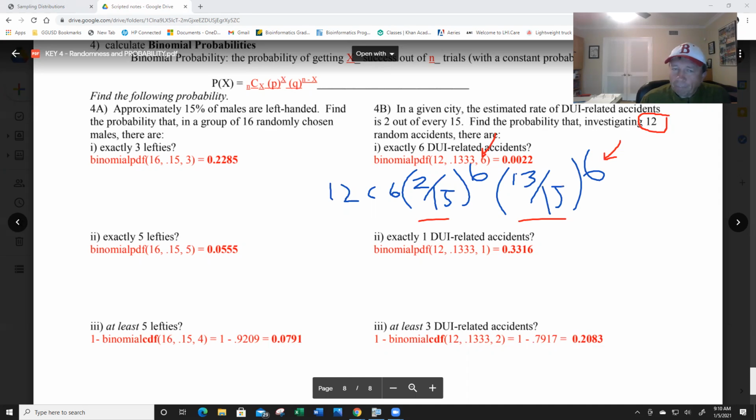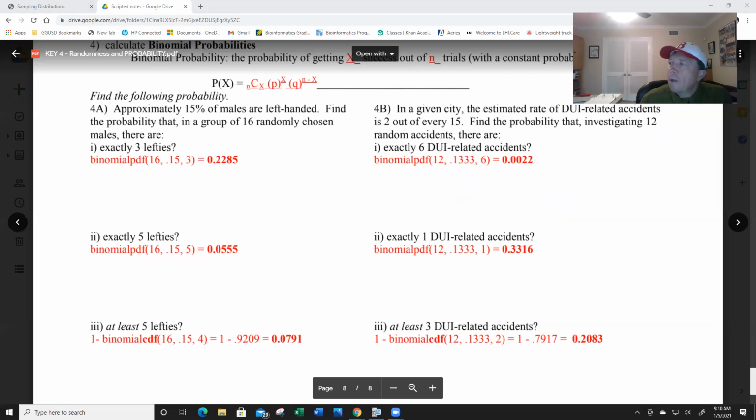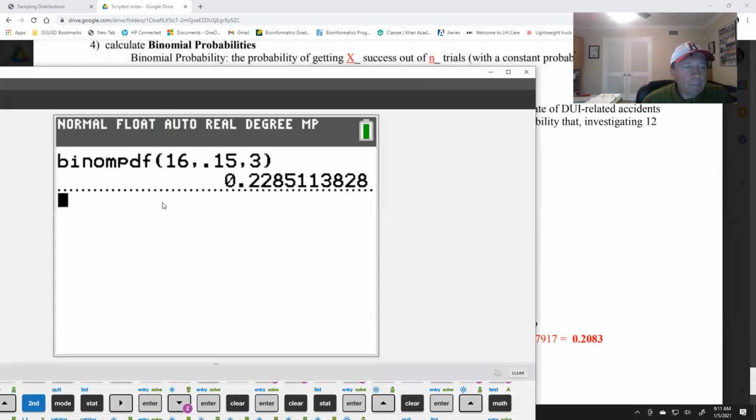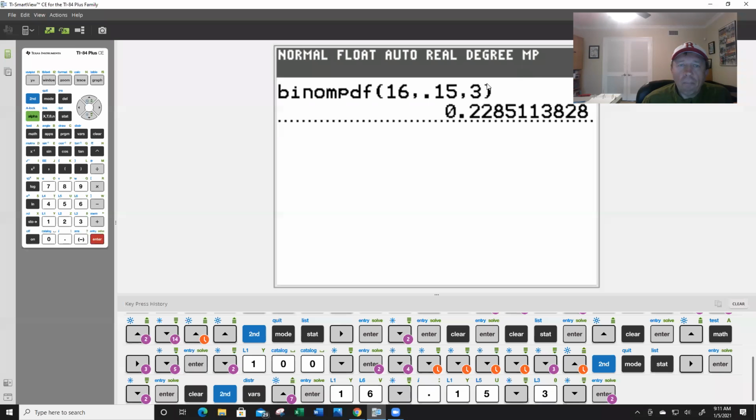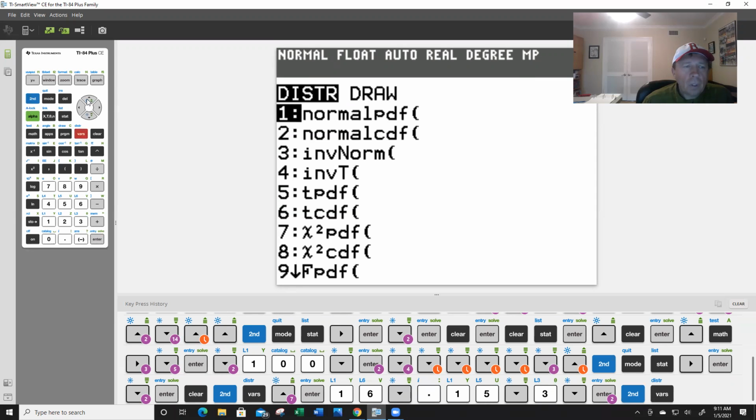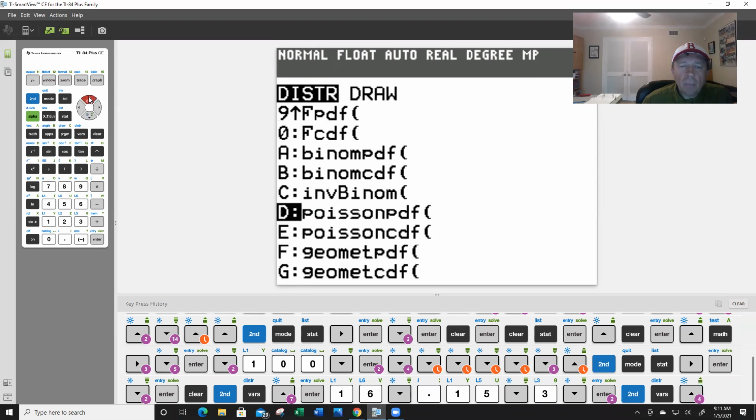Okay. All right. Now you're probably going to go the shortcut way, which is fine. So let me clear that. So on the shortcut, exactly 6, that's PDF, probability distribution function. So I had the old one, the whole model set up there. So second, distribution, binomial PDF.